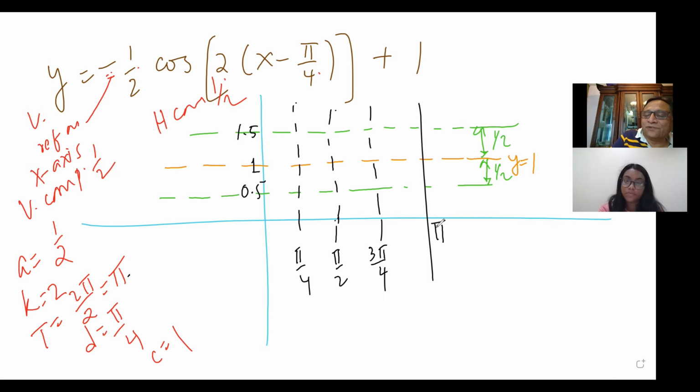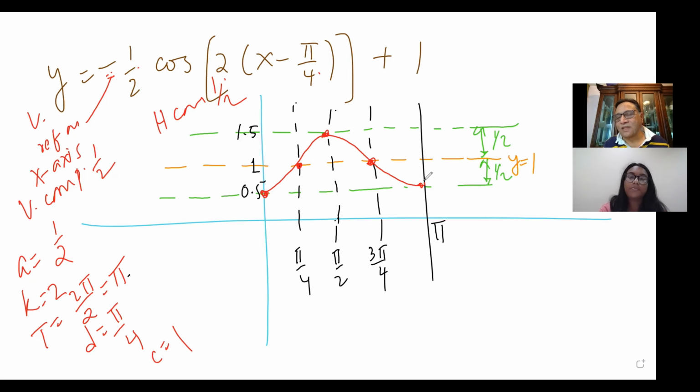Do you see how easily 4 pi by 4 is pi? Very easy. We're talking about a cosine wave, which has been reflected. A cosine wave starts with a maximum, reflected will start with a minimum, right? So we start with the minimum, go to the axis, go to the maximum, come back to the axis, go to the minimum. We have our cosine wave. Do you see how easily I've drawn it?